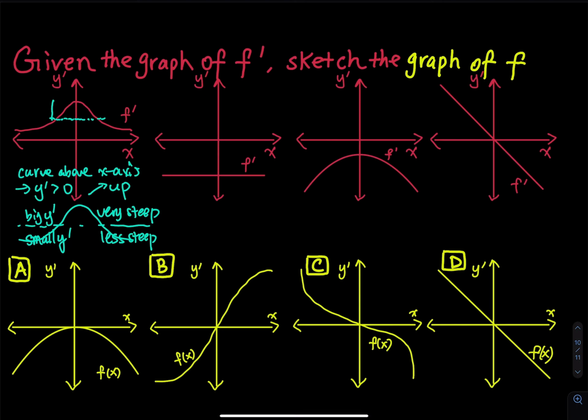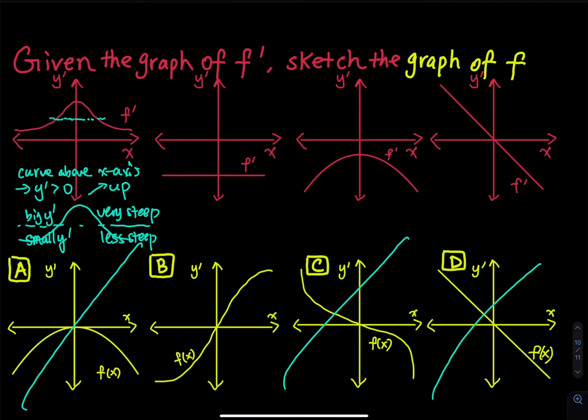So here is what we are thinking. We have to look for an f of x where the curve is close to the x-axis and the graph is very steep. First of all, very important, the entire graph must be going up. So that means it's not going to be A, right? So A, no. C, no. And then D, no.